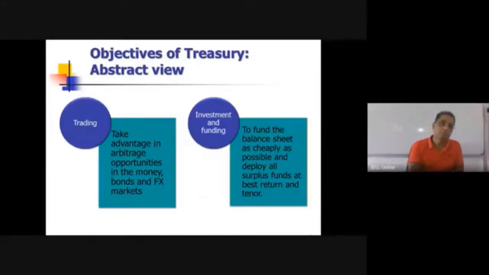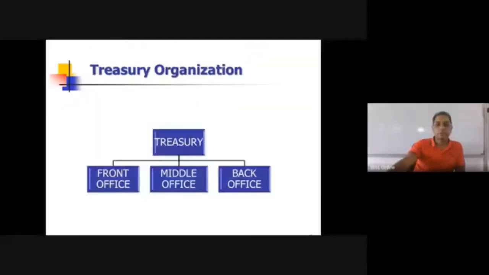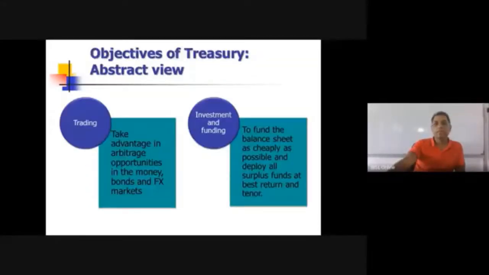So in a normal dealing room, as they call it, we have a trading function and we have what we call investment and funding function, basically the balance sheet function, and we have also a corporate sales function, which is not mentioned here. The trading and sales function will look at interest rates and foreign exchange rates in the market, and see whether they can have an opportunity to generate an income for the bank.